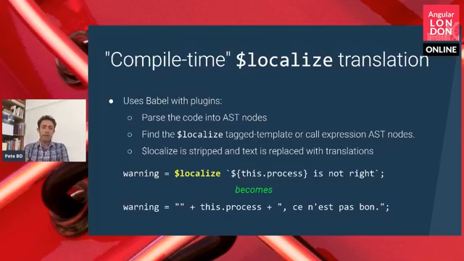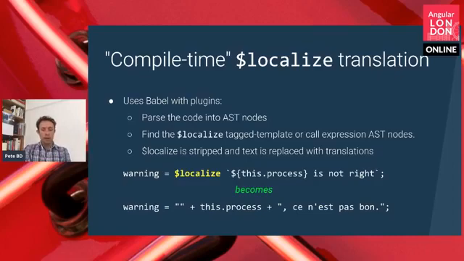When we're actually doing this translation at compile time, we've built it around Babel. Babel is a pretty fast parser of JavaScript. We don't need TypeScript because at this point the code has not got any typings in it anyway, and Babel is much faster than building a full TypeScript program up.